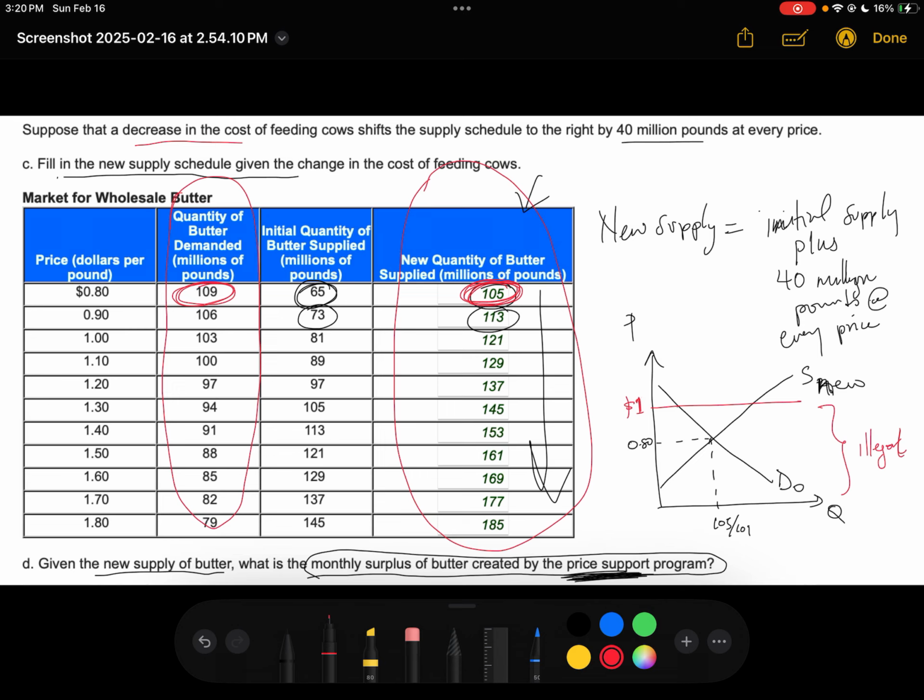So do you see how now we have a surplus that's been created here? We just need to figure out at $1, quantity demanded is 103, and quantity supplied on the new supply curve is 121. It wasn't that bad, was it?